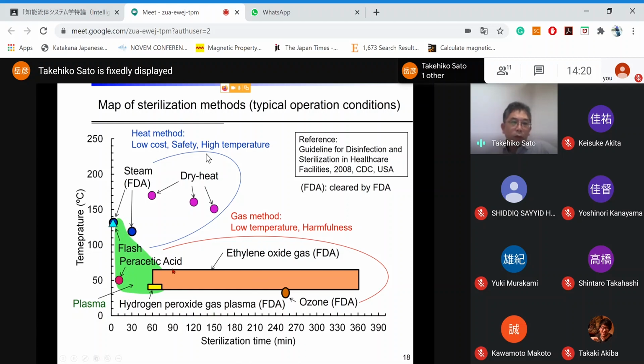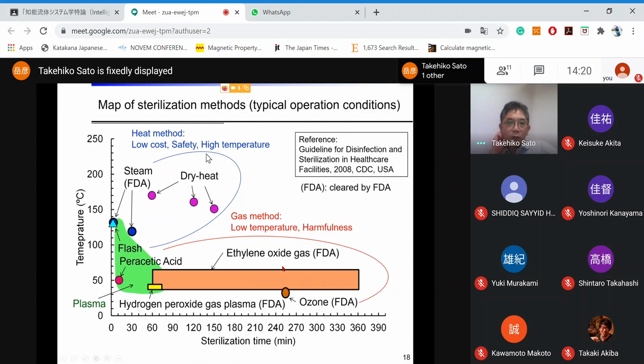And also the ethylene oxide gas case is a low temperature, but it takes a long time. And sometimes the ethylene oxide gas remains in the material, so it's necessary to remove it. That takes much more time. So they want to avoid using the ethylene oxide gas.